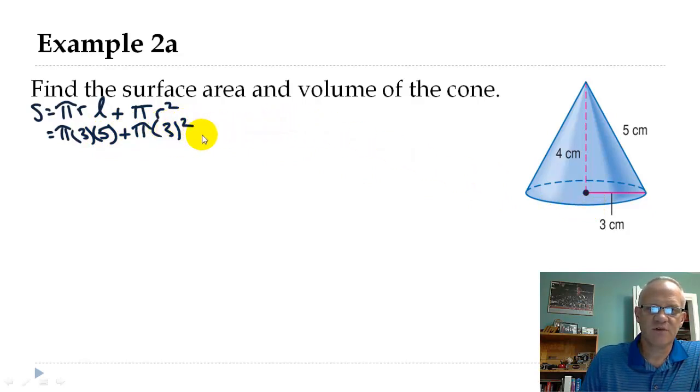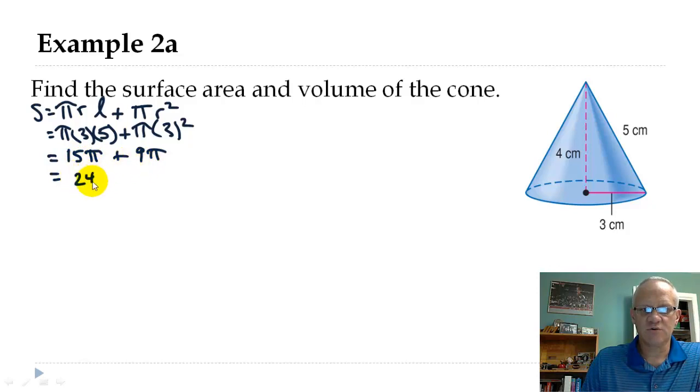Now all we have to do is calculate all that out. 3 times 5 is 15, so I'm just going to call this 15 pi right now. Remember, please excuse my dear Aunt Sally, you have to do exponents before multiplying, so don't go 3 times pi and then square it. You have to do 3 squared, which is 9, so I'm going to call that 9 pi. When we add these together, it's really just 24 pi.